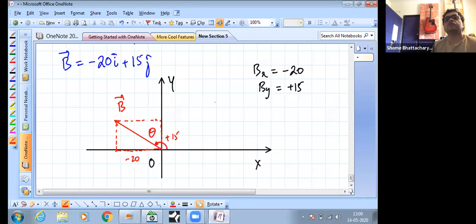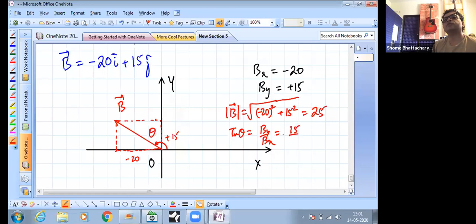So the magnitude of the vector B is again coming from square root of x component squared. Since it's a whole square, that minus sign is not important actually. So that is 25. But what about tan theta? It is By by Bx, so that is 15 upon minus 20. So it becomes minus 15 by 20, that is minus 3 by 4. And you can see that theta is in the second quadrant.